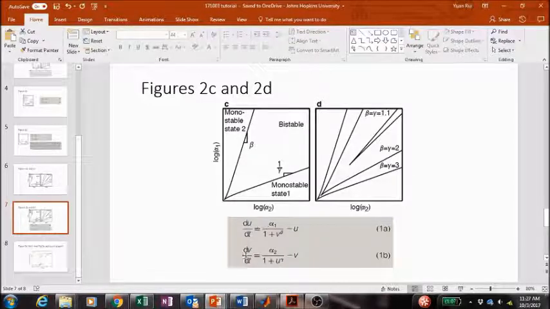If you have them equal to 0, rearrange the equations, take the logarithm and substitute in everything, you can technically plot log of alpha 1 versus log of alpha 2 and get two straight lines with beta or 1 over gamma as the slopes.